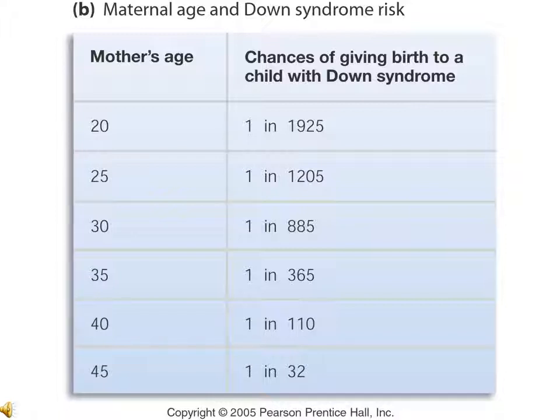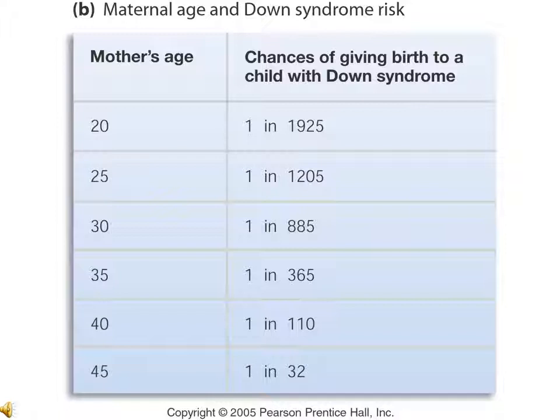Well, if you think through this particular question, first of all, we understand that the female is born with all of the eggs necessary for reproduction. As the female ages, so will the eggs. So as the eggs age in the ovaries, there's a greater chance of something going wrong at the chromosome level.